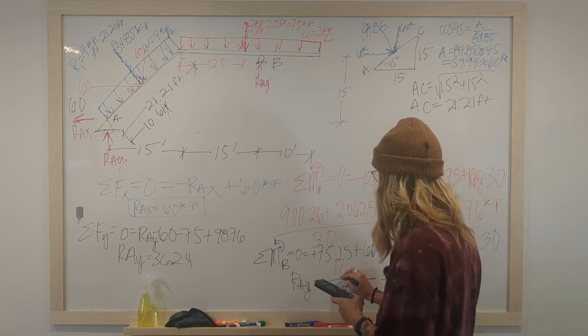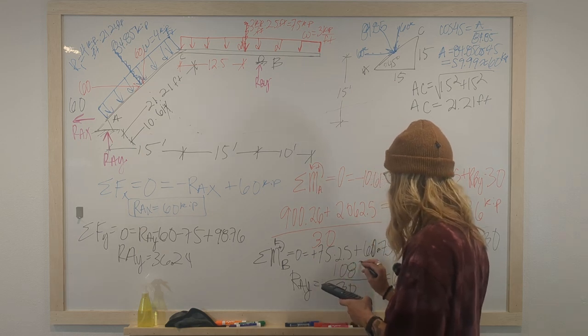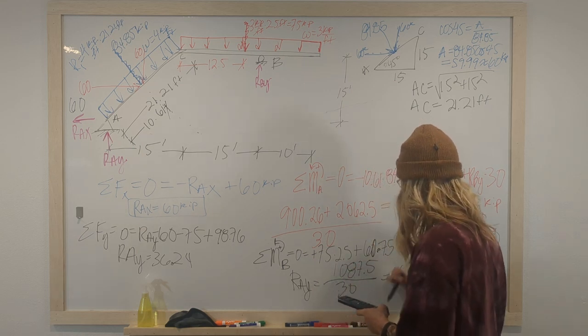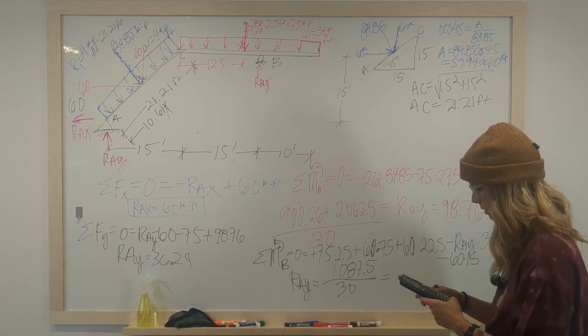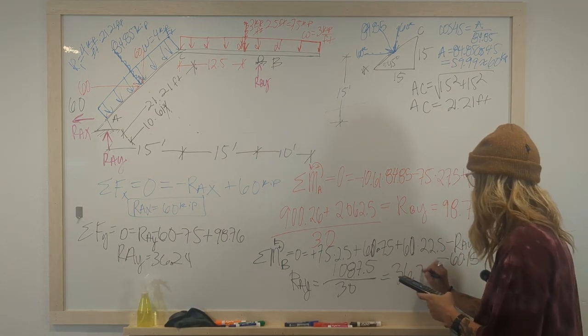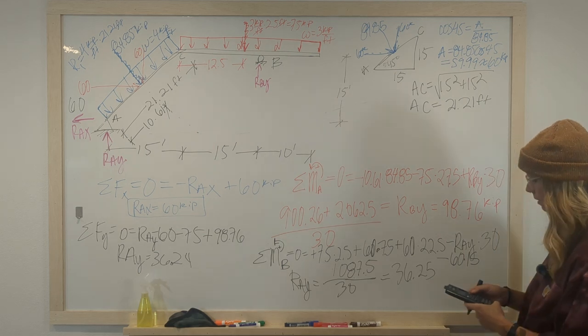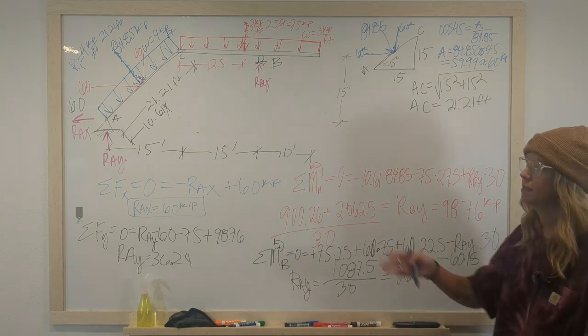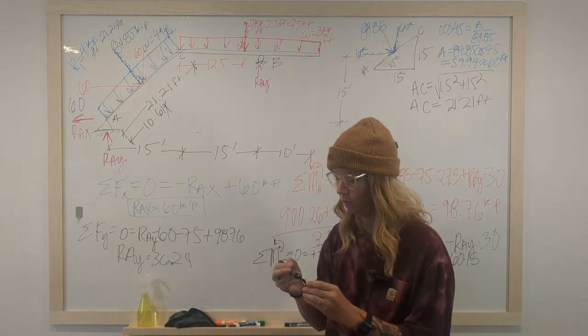So this gives me 1087.5 divided by 30, 36.25. Okay, so easy mistake to have made, right?